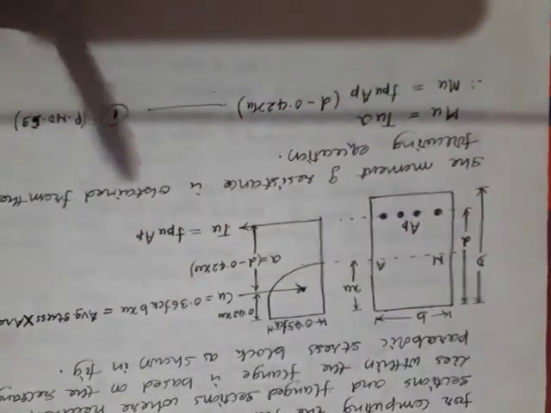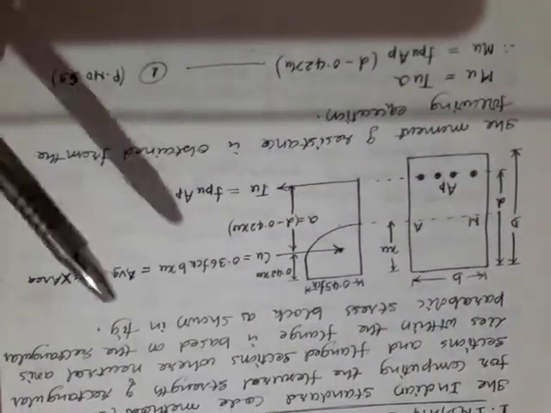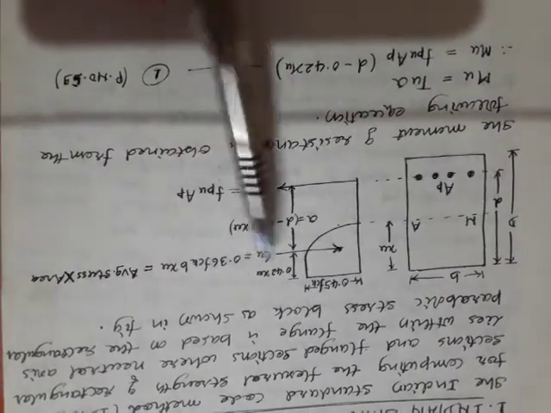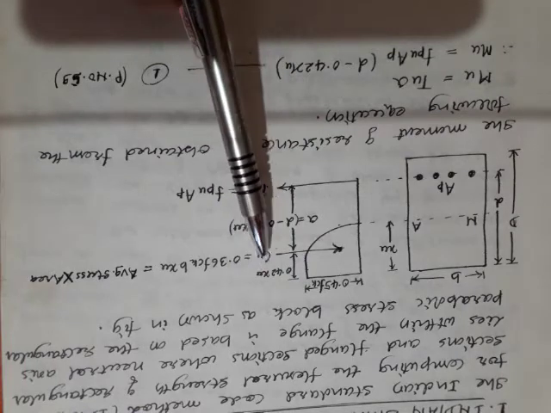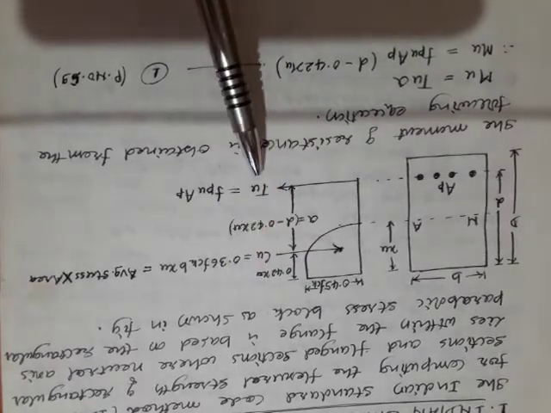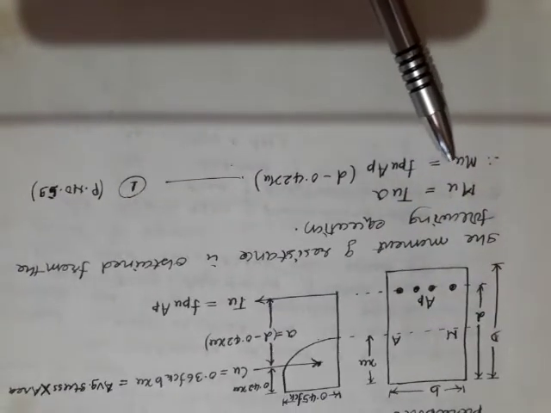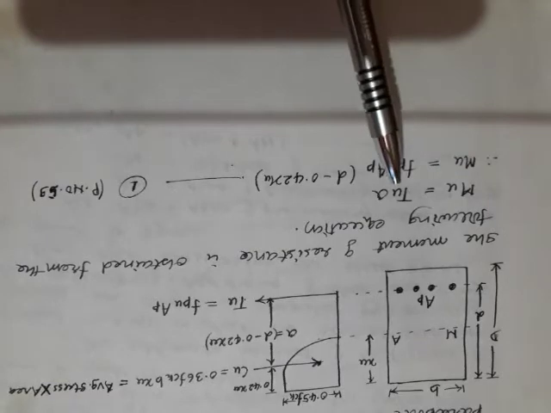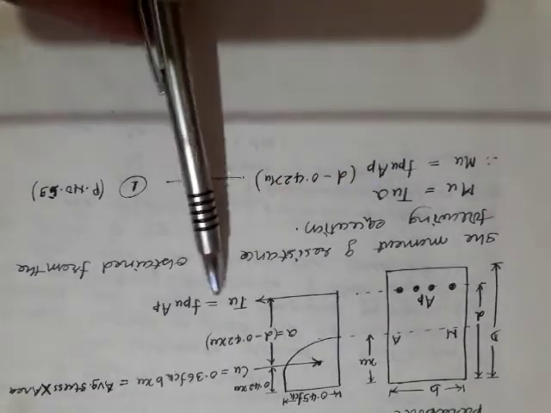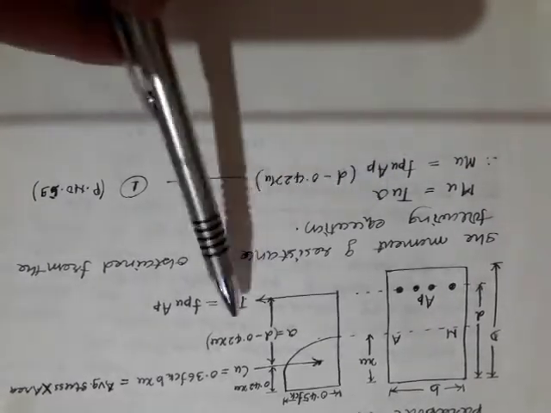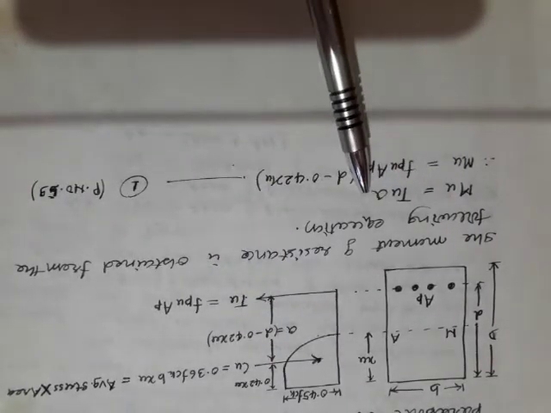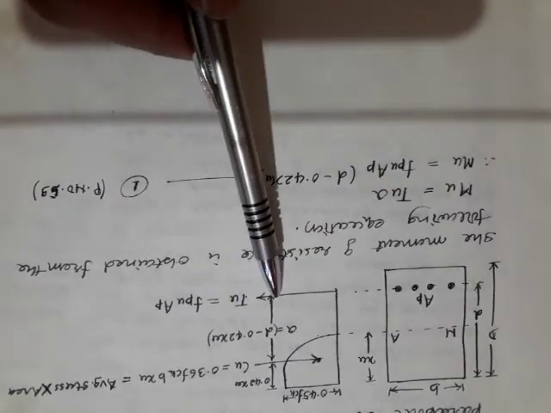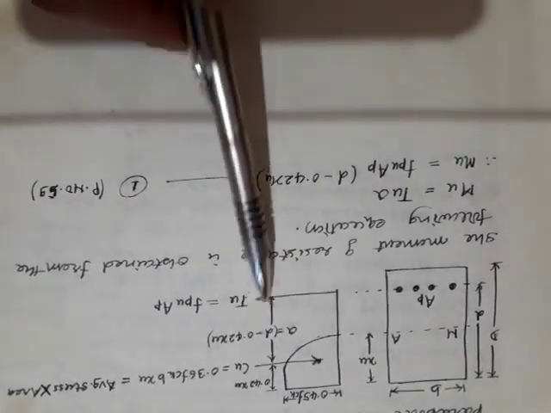Now, TU force and CU force should be equal and opposite, as you know. So TU should be equal to CU, but they are opposite in nature. So I can write Mu, the ultimate moment of resistance, is equal to TU into A. It is force into lever arm, where A is the lever arm.